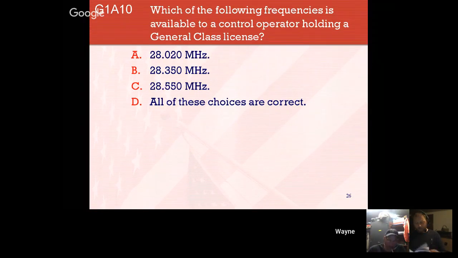Which of the following frequencies is available to a control operator holding a general class license? Remember, you get 28.20, 29. This is the 10-meter band. You have all the privileges of the 10-meter band, so all these choices are correct.